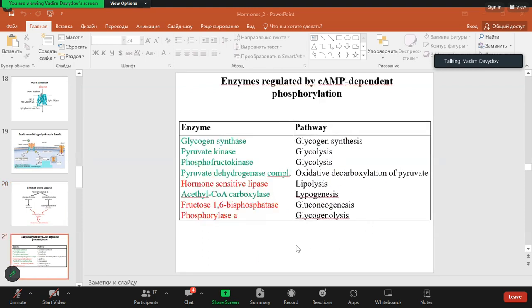My dear colleagues, please note, glycogen synthase, pyruvate kinase, phosphofructokinase, pyruvate dehydrogenase, and acetyl coenzyme A carboxylase are enzymes that are active in the dephosphorylated form.